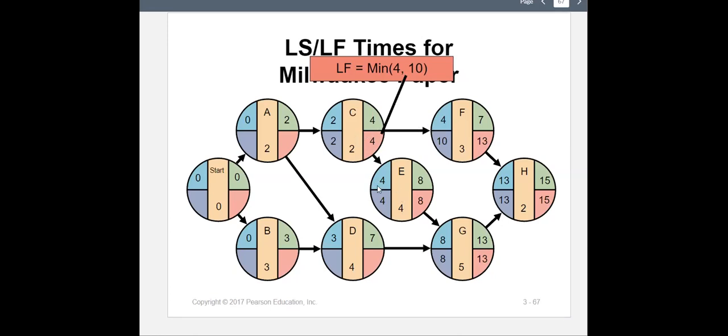One of them needs to start after 4 weeks. The other one can start after 10 weeks. So which one should C support? The one that is earlier, right? The minimum of 4 and 10, which is 4. That's what we put, 4. So 4 minus 2 is 2. So we fill up C as well.